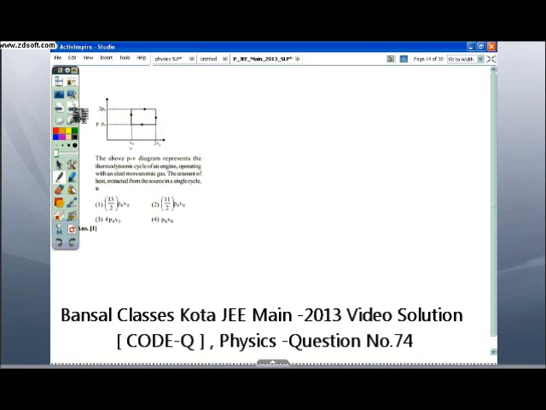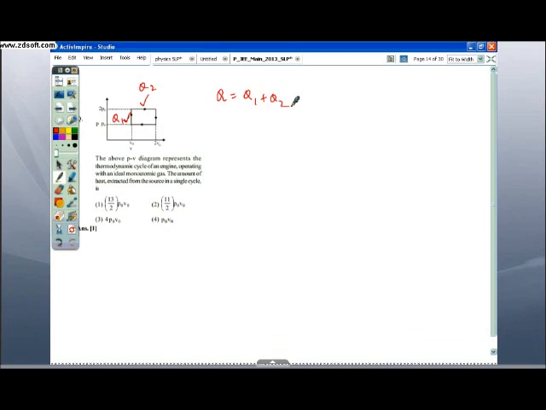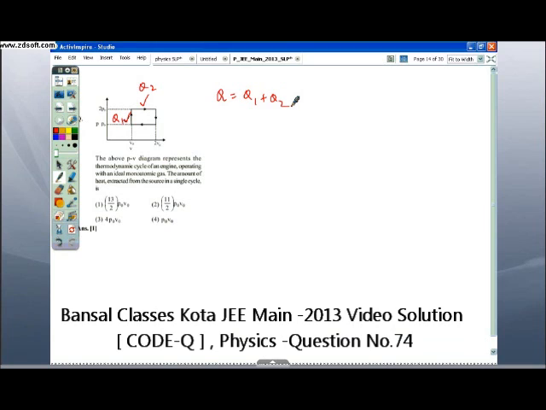So in this case, there are two processes, this process and this process, where heat is extracted from the source. So in this cycle, we have to calculate Q1 for this process and Q2 for this process, and the answer will come out to be Q1 plus Q2. Only during these two processes, temperature increases. So only in these two processes, heat is extracted from the source.